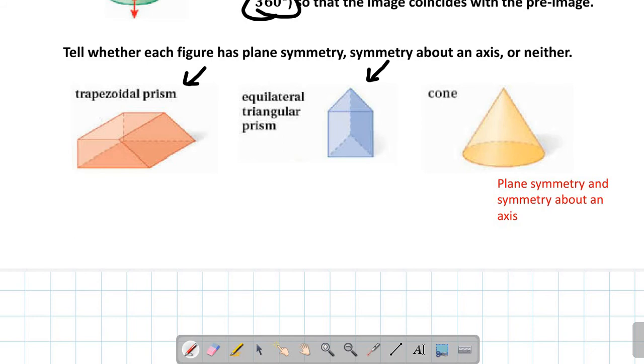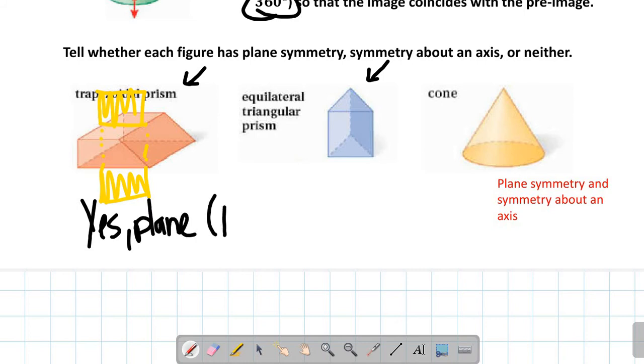Okay, the trapezoidal prism, I could slice it, if you can imagine, going down this way. So I can slice it sideways once. So yes, it has plane symmetry, one plane of symmetry. Okay, the equilateral prism, it does have plane symmetry. Imagine slicing in 3D going this way, down the middle.